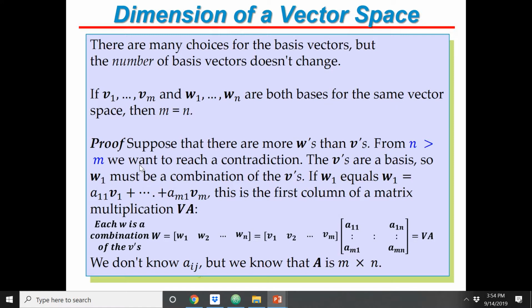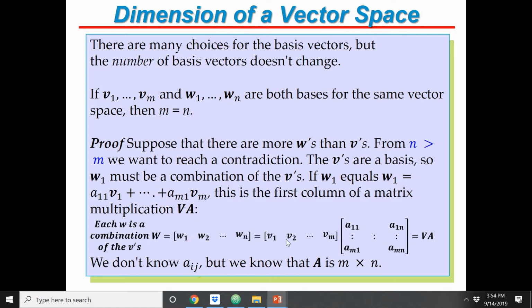So if n is greater than m, what I'm going to do, and you see this in the equation on the bottom, is take each of the w vectors and write them as a linear combination of the vectors v. Remember, a basis can generate any vector, so the v's should be able to generate every w.